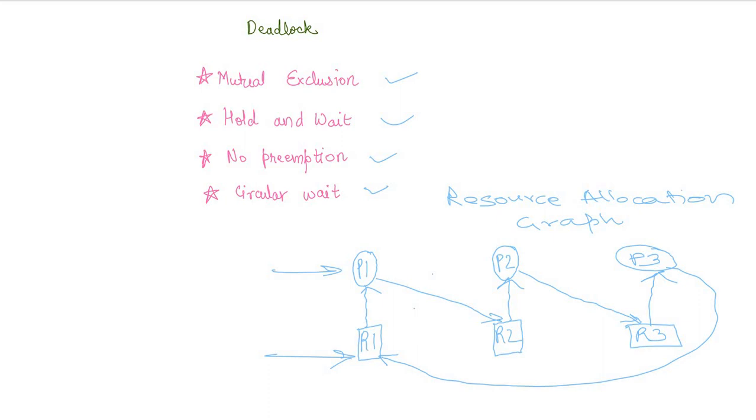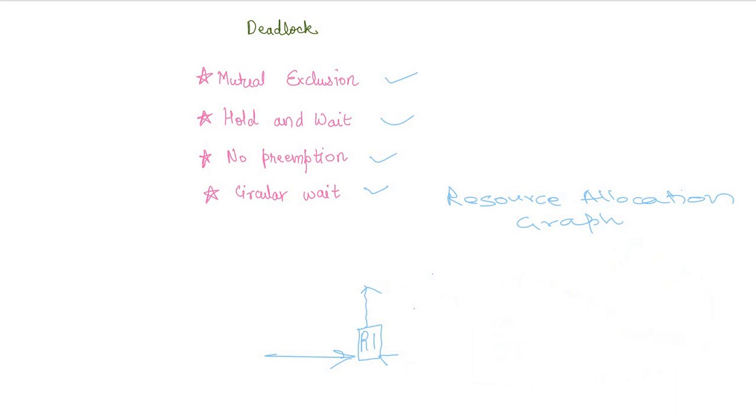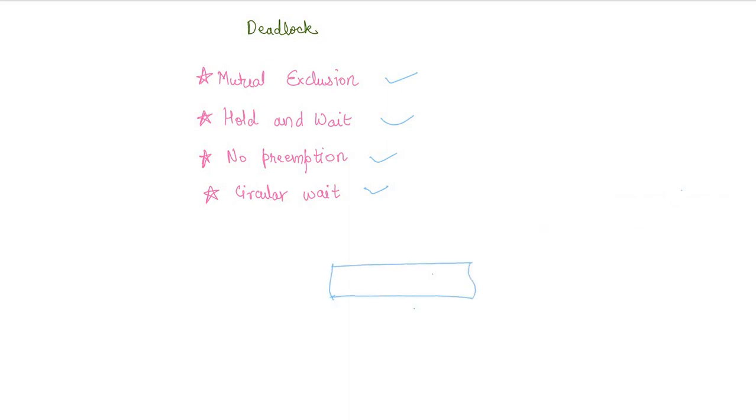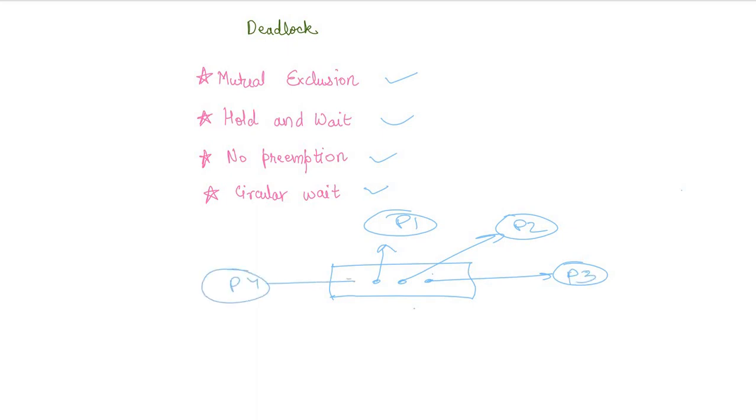After we do this, there might be a representation of resources where we have 3 instances or more than 2 instances. So we show it like this. Let's say that this instance is held by P1, this instance is held by P2, this instance is held by P3, and P4 is waiting for this resource.